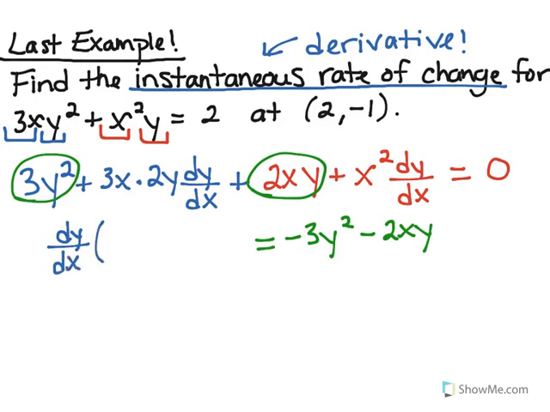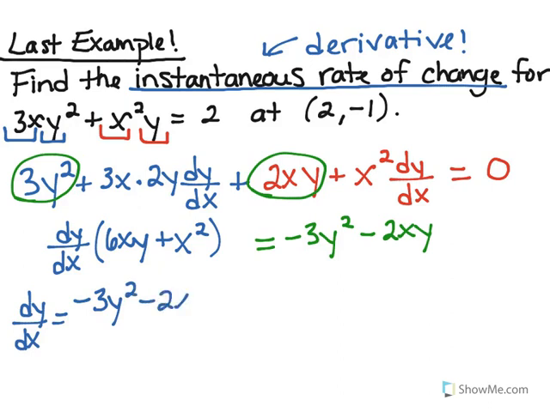I'll be left with 3x times 2y, which is 6xy, and then plus x squared. Divide through, and you get dy/dx is equal to negative 3y squared minus 2xy all over 6xy plus x squared, which looks like it can reduce, but it really can't.